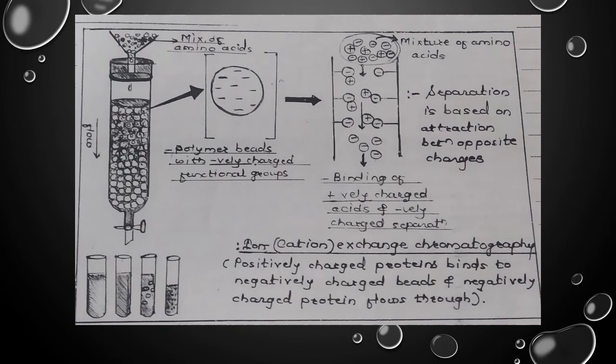In ion exchange chromatography, positively charged proteins bind to the negatively charged beads and negatively charged proteins flow through it. So these are the basic picture and concept of ion exchange chromatography.